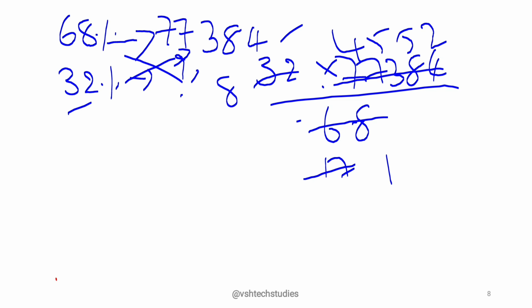So how can we find it? You divide 77,384 by 17, then we get 4552.